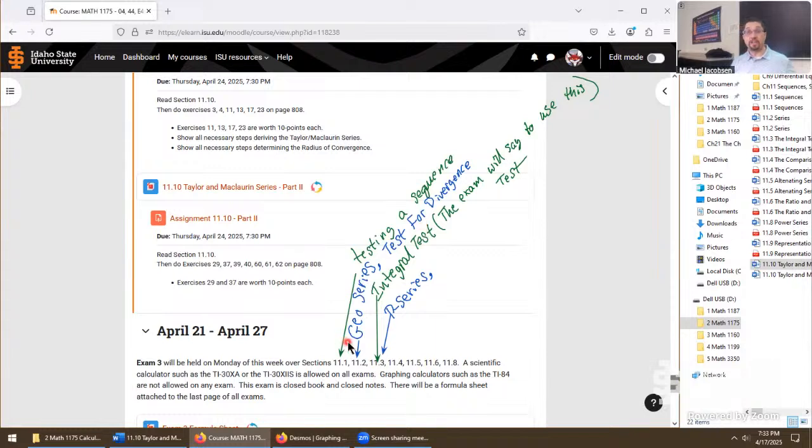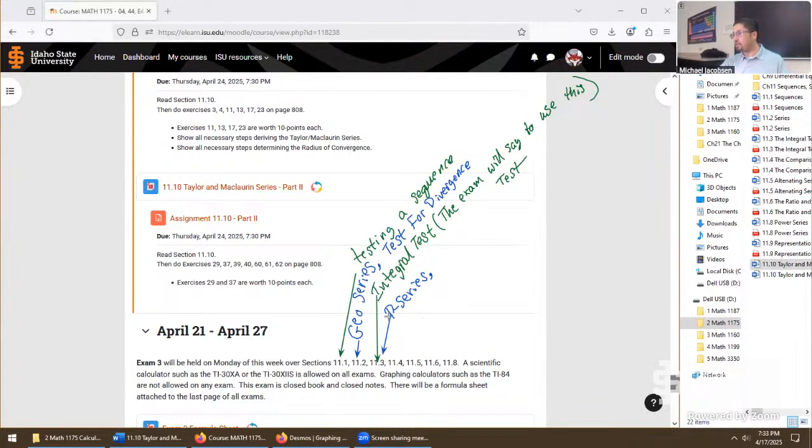You should expect a geometric series as well. But I'm not too worried about finding the exact sum. You're just going to use the formula to determine if the ratio is less than 1, converges, greater than or equal to 1, diverges. But all these things in blue, these are the ones that we have to spot to determine if we should use the geoseries test, if we should use test for divergence, and so on.